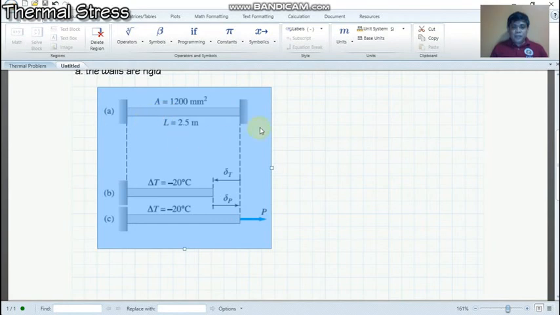Now, this situation is similar if the bar is allowed to deform. So to do that, we need to remove one of the supports.